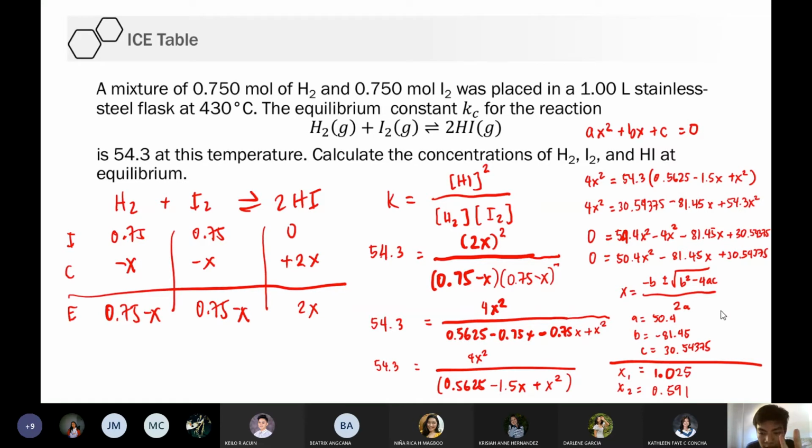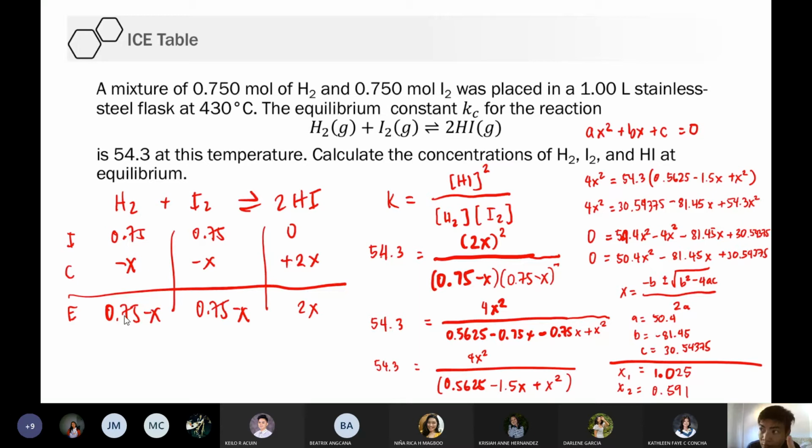So the second criterion for choosing the correct value of x is that x must not exceed your initial concentration. The value of x must always be less than the initial concentration. Our initial concentration is 0.75, so we will choose an x value less than 0.75.